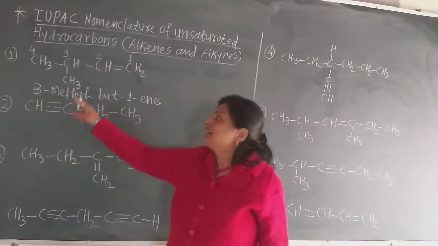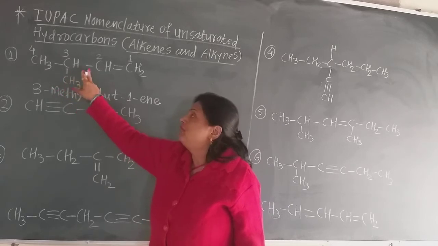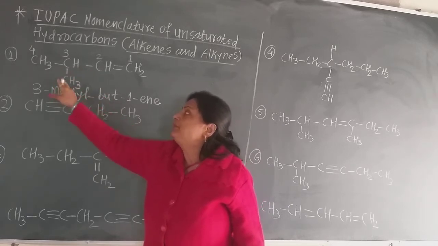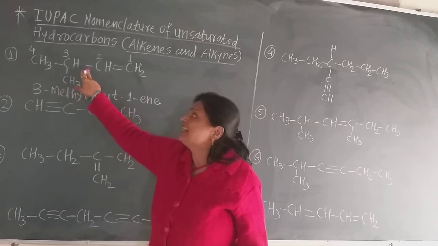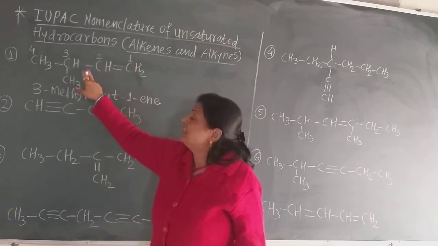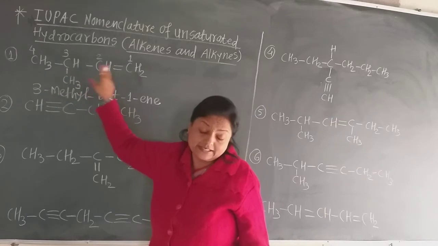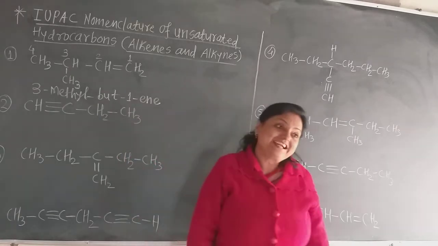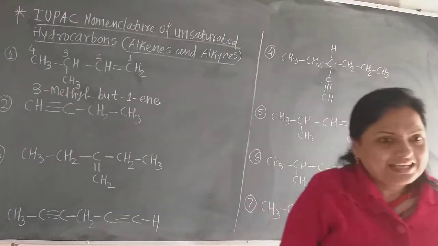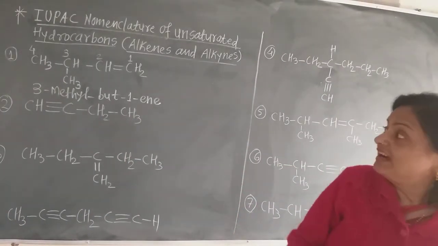Suppose the double bond is at this position. Then we always number from this side because the substituent is nearer here, and this is the second. From this side also second, from this side also second. There will be the double bond. So that will become 2-methylbut-2-ene. That compound will be thus. Do you understand?